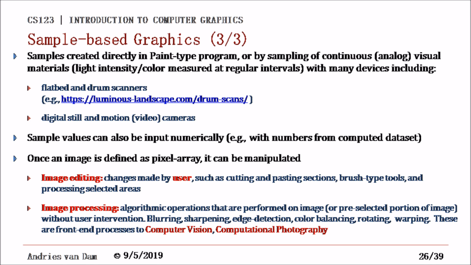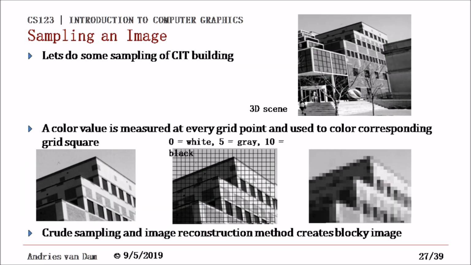In recent days, most research is done on image processing and computer vision with the help of artificial intelligence and machine learning. Here is an example of sampling an image.